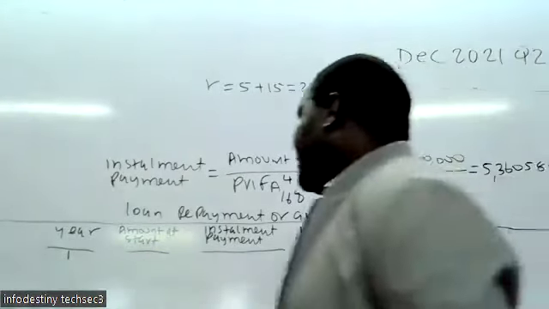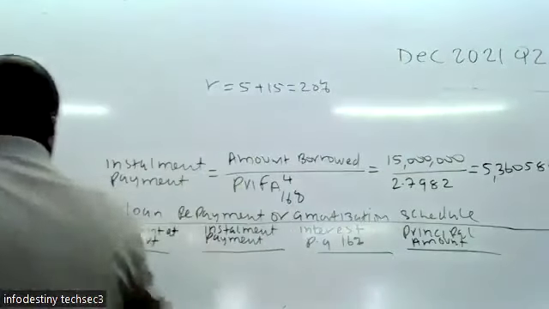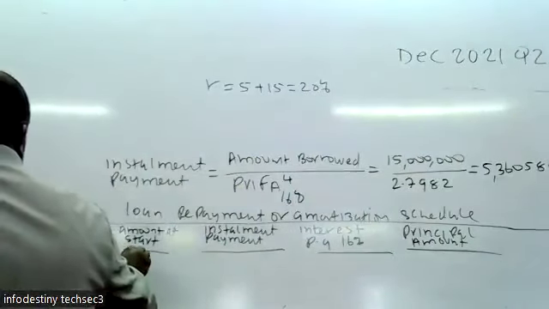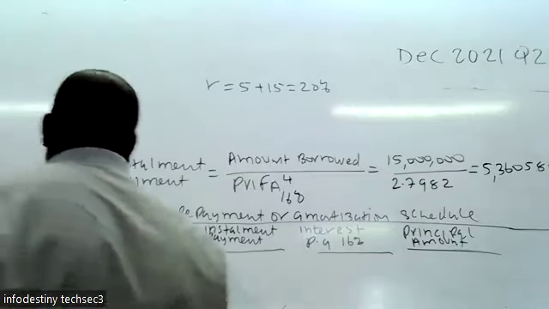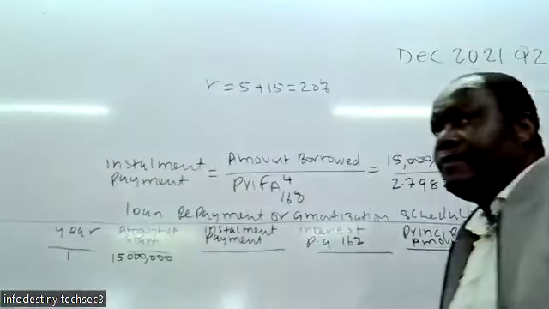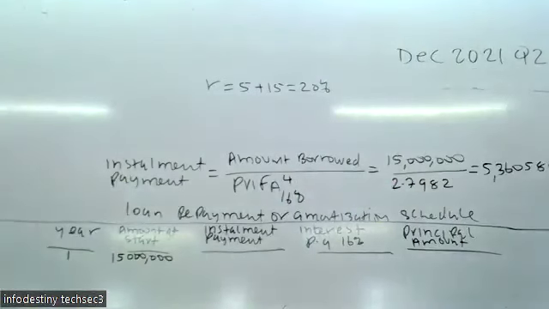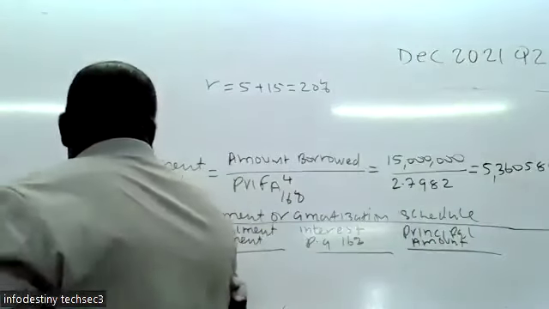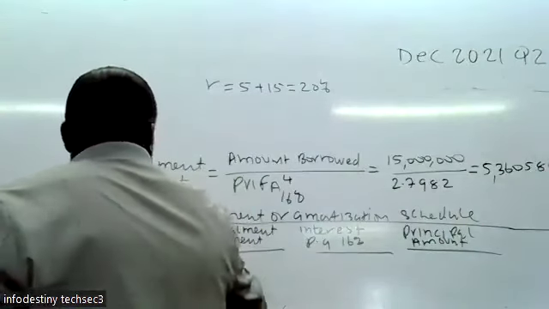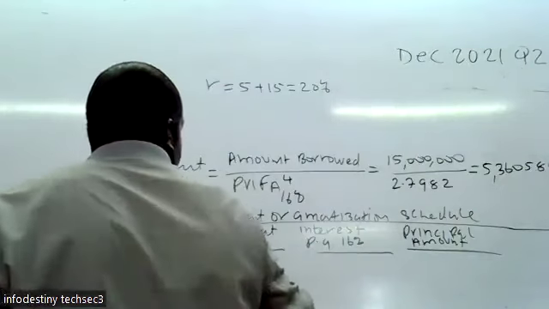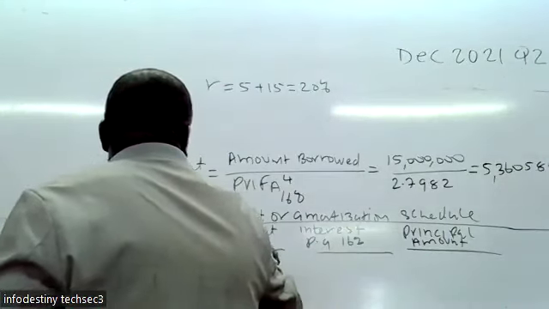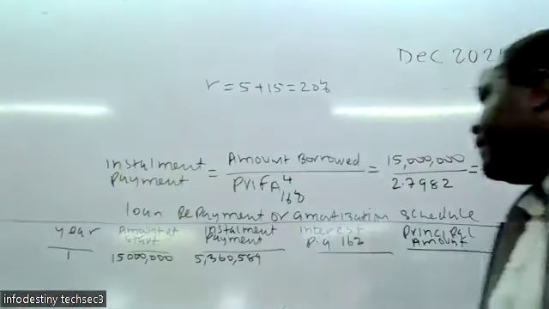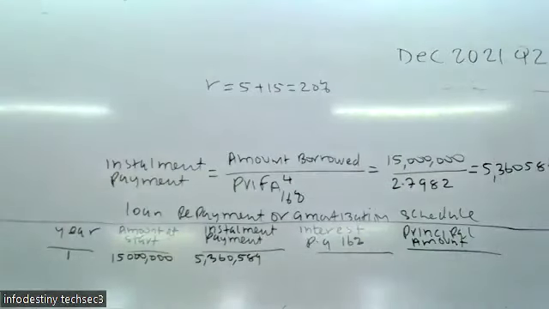So amount at the start of year 1 is 15 million. So installment, then interest is 16%.